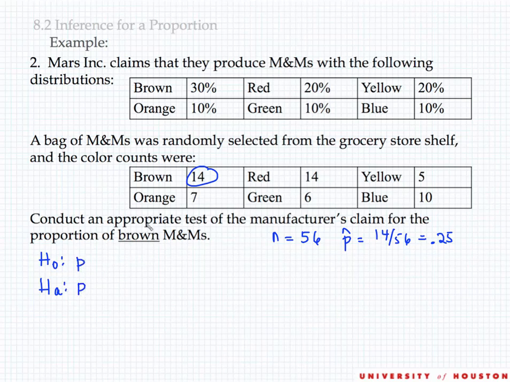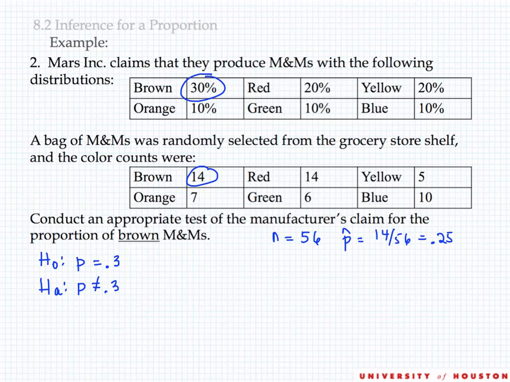We write our population proportion for the browns, which is 0.30, and our null is always an equals. And then we want to decide whether we have a less than, greater than, or not equals. We just want to test the claim that they have that amount of brown M&Ms, so we want to see if it's different.